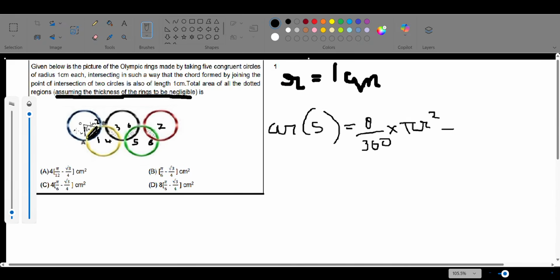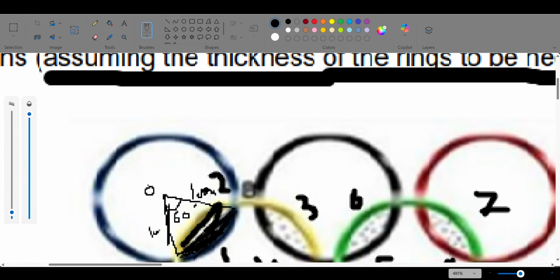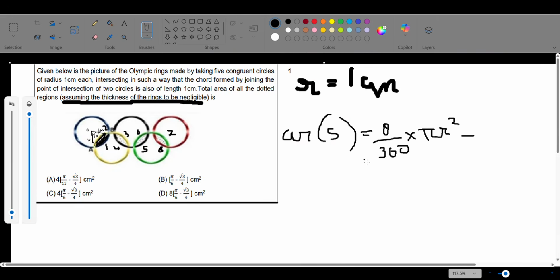Since this triangle is an equilateral triangle, we learned in class 9 a formula which tells us the area of an equilateral triangle. The formula is root 3 by 4 a square. And what is a? A is basically 1 centimeter. Basically a is the radius. This one is r.